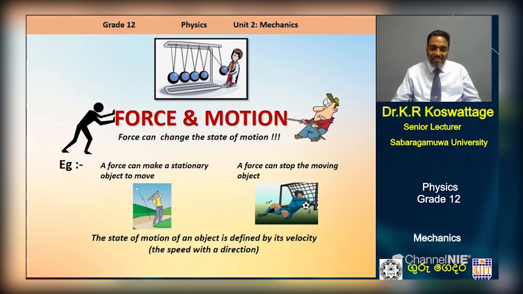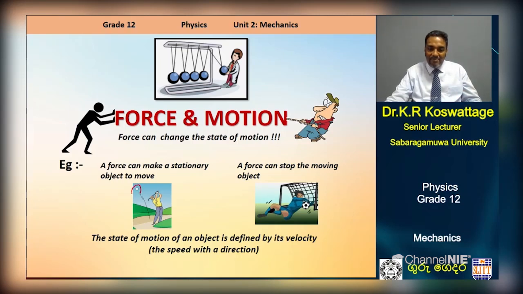In this picture, you can see a person playing golf, right? Initially the ball is at rest, and then once the golf player hits, the ball is moving. So the golf ball is moving. Here we can say a force can make a stationary object move. This is what is happening.